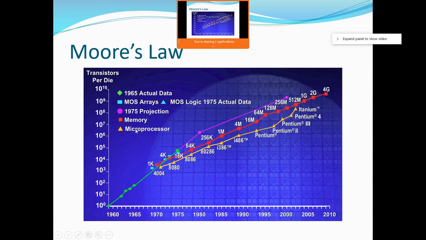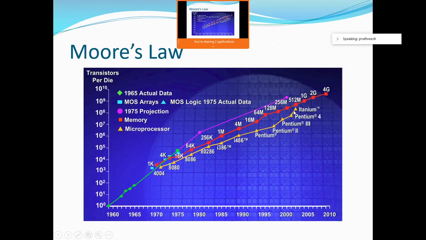And it is also saying that, depending on the type, you can see in the 1975 projection it was supposed to go this way. So you can see the projection was this and the actual achievement is this. You can see we have different colored lines. One is red, which corresponds to memory, and this is for microprocessor.